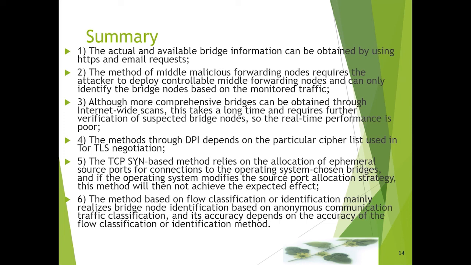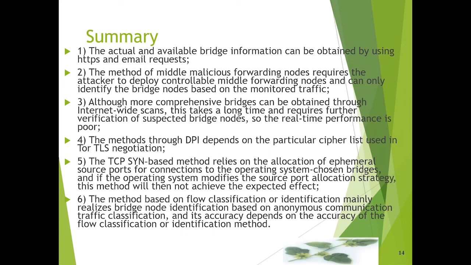Fourth, the method through DPI depends on the particular cipher list used in TLS negotiation. Fifth, the TCP SYN based method relies on the operating system's allocation of the ephemeral source ports for connections to chosen bridges, and if the operating system modifies the source port allocation, this method will not achieve the expected effect.